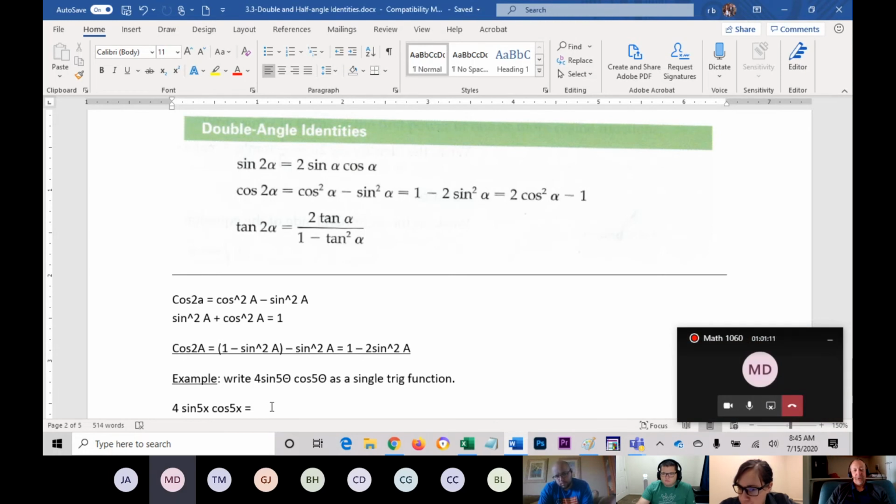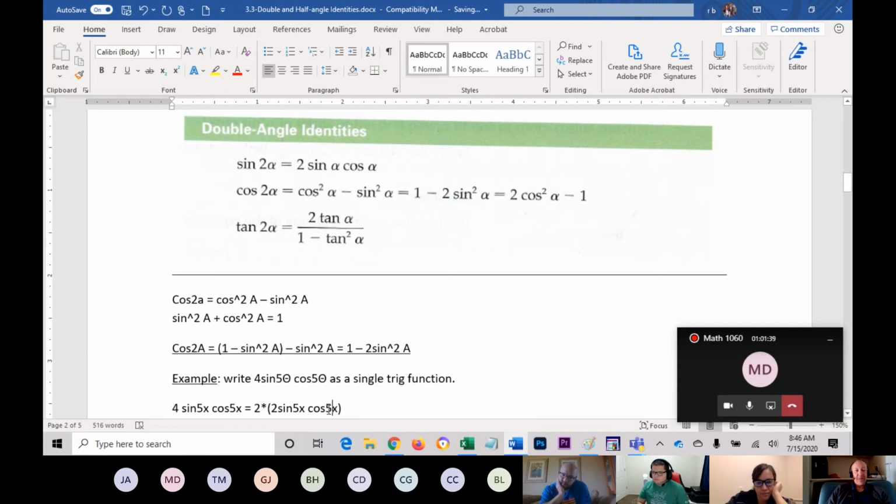Sure. We just have to divide it by 2, or we could factor out a 2. We could write it as 2 times 2 sine 5x cosine 5x, right? And in fact, I'm going to put these in parentheses.